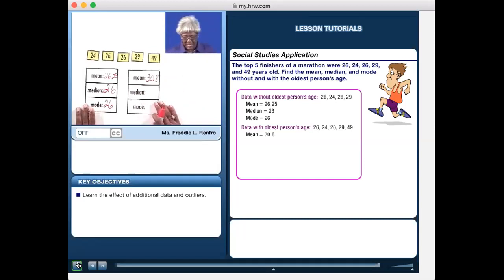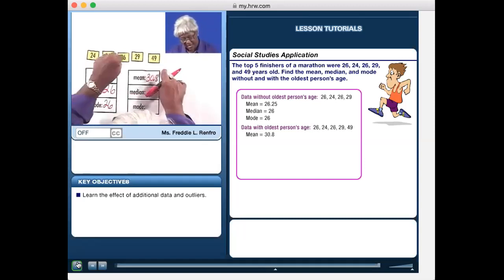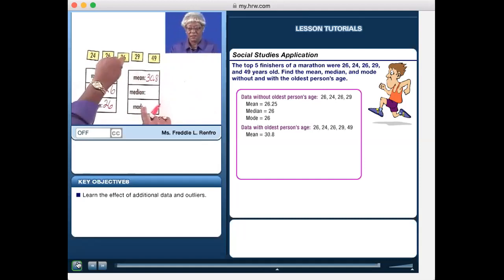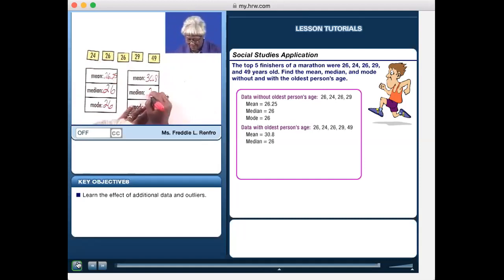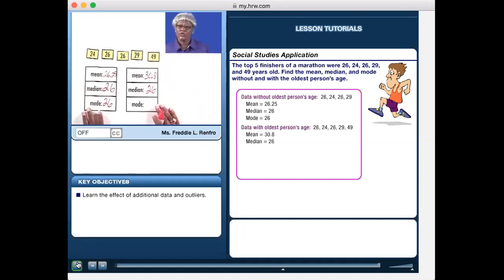What about the median? Here I have 5 values, and the number in the middle is 26. And the mode? Which age occurs the most? 26 again.